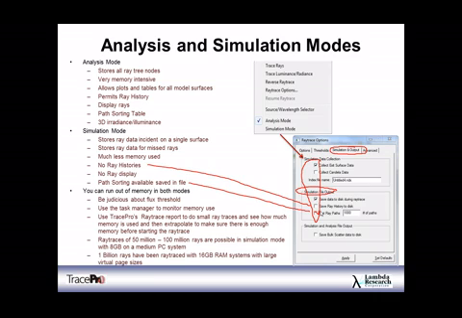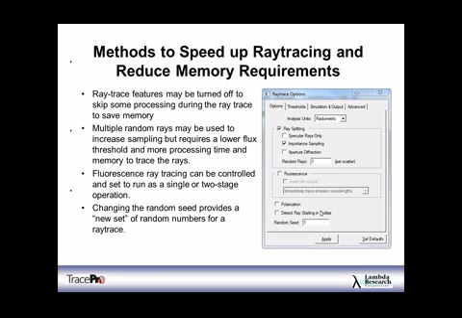So if I have 8 gigabytes on a machine and I'm running PowerPoint, Outlook, Internet Explorer, and a whole bunch of windows open, if you're going to do a lot of memory ray tracing, you might want to close those down because that uses up RAM as well. And you may want it for your ray trace. Please note that we've done 1 billion ray traces in simulation mode with a 16 gigabyte RAM system with large virtual page sizes. So if you have to do the simulation, you definitely can do it using simulation mode, using these options I've just shown.